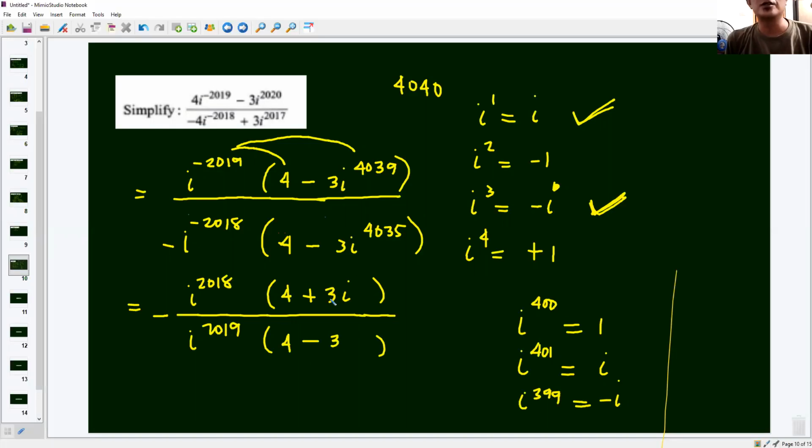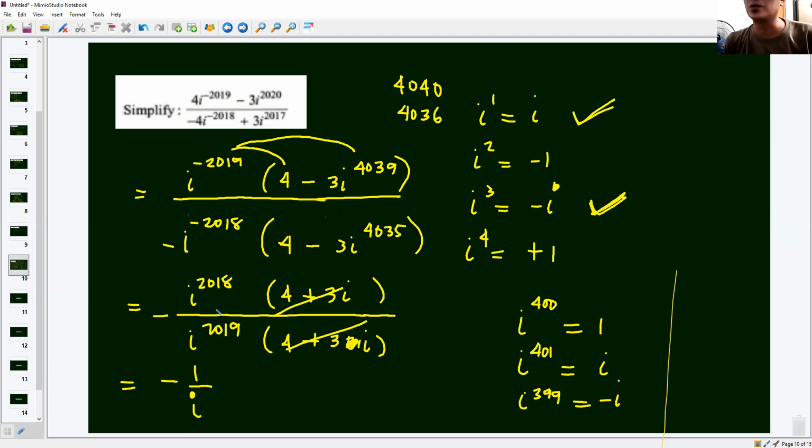And then this one, 4035 is also before a power of 4, kasi 4036 yun, power of 4. Kaya this is the same. So meaning this cancels out. Tanggal na to. So what will happen is you have here negative 1 over i. Right?